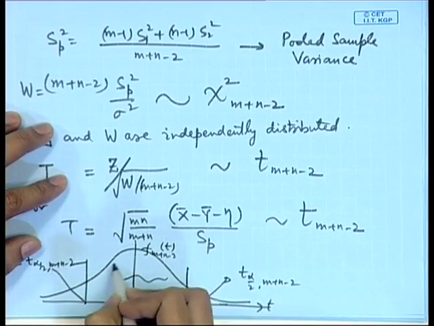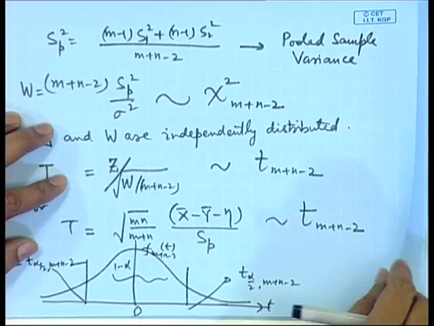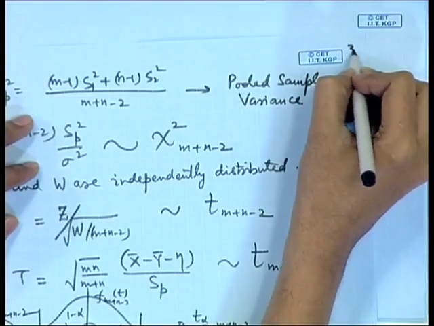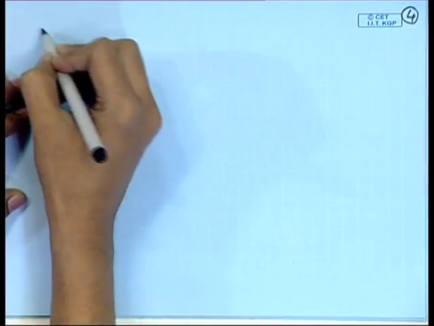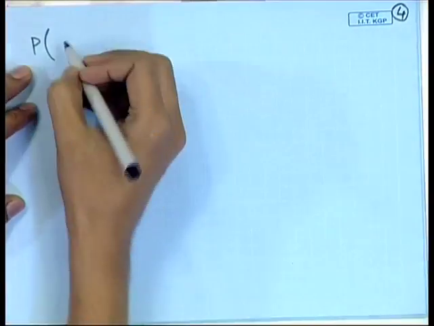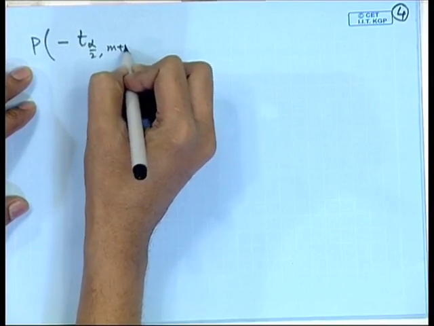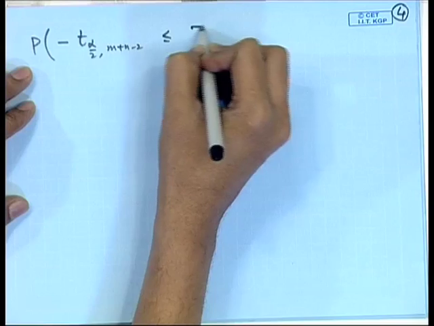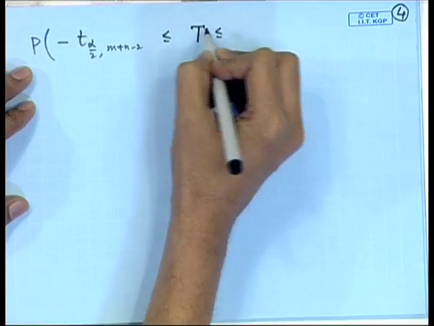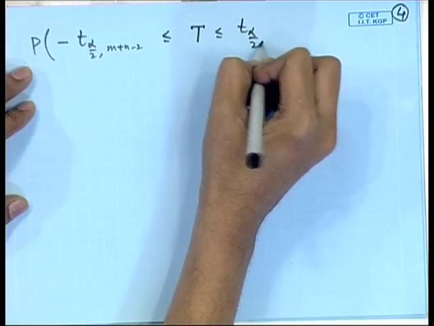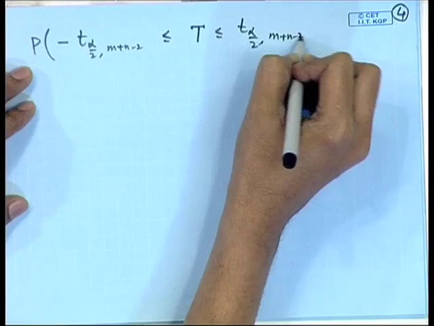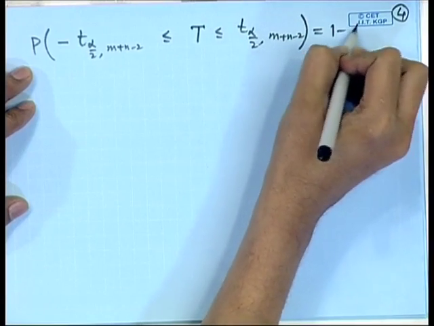So, this intermediate probability is 1 minus alpha, and we are in a position to write the statement that probability of minus t alpha by 2, m plus n minus 2, less than or equal to t, is less than or equal to t alpha by 2, m plus n minus 2, that is equal to 1 minus alpha.